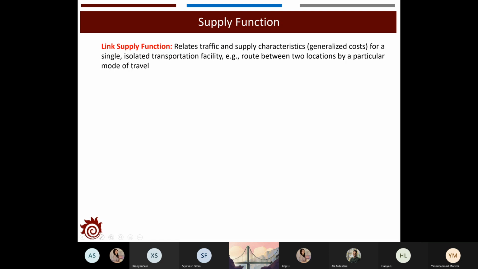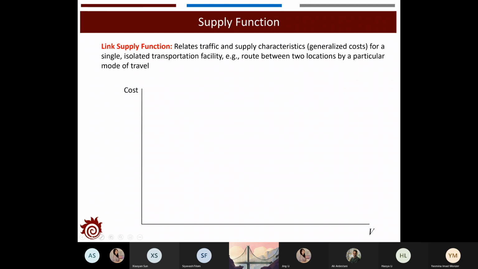This is related to the traffic and supply characteristics of single isolated transport facilities. They are only connected by a particular mode or route, and we don't consider the impact of the other links.